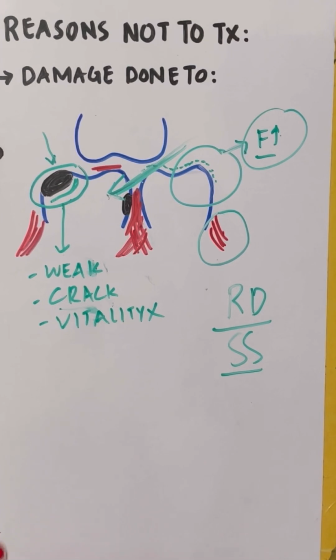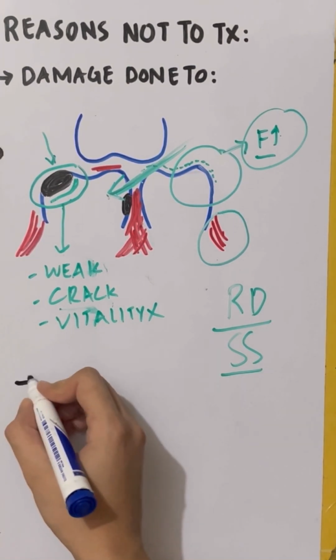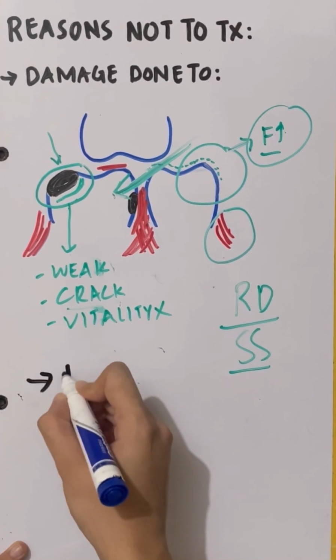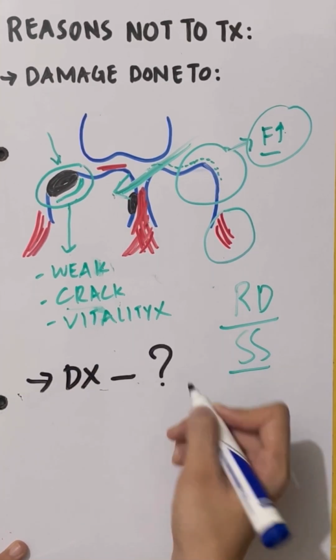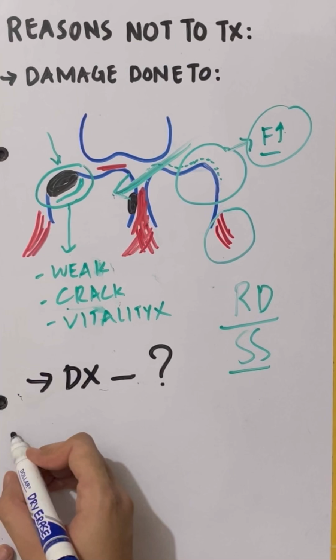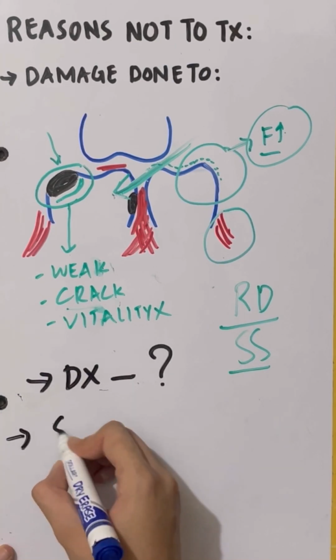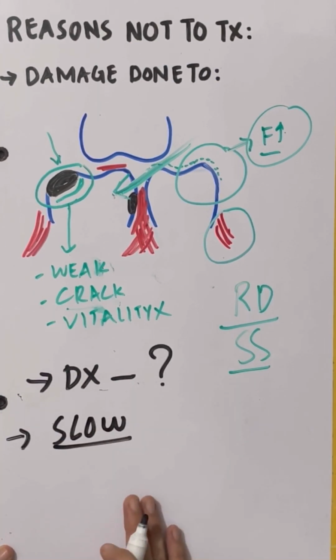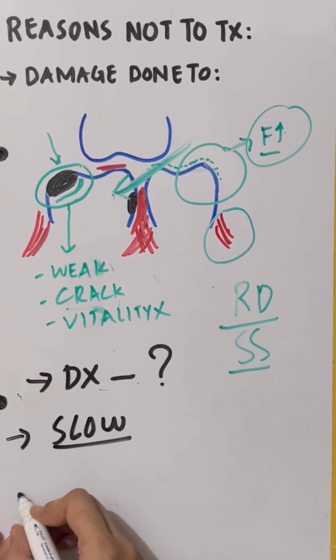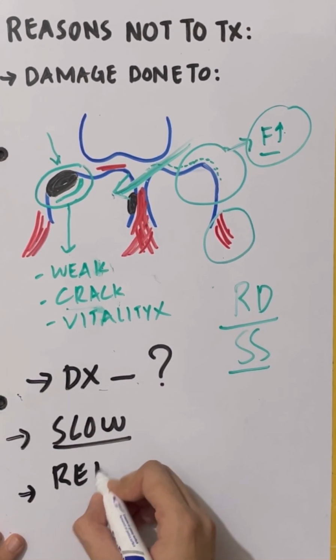There are some other reasons which also lead us not to treat. That is, if there is difficulty diagnosing, we are unable to diagnose. The third is that the caries attack is very slow. Most of the time caries progress slowly. The fourth is that remineralization can occur.